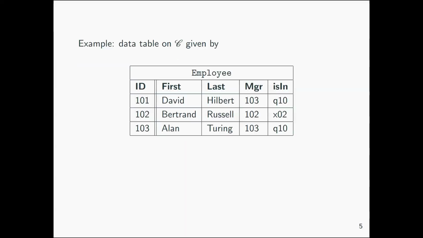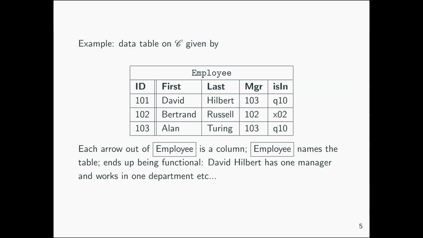And we might instance this with a table where every attribute is a column in the table. We notice that these attributes are all functional, in the sense that every employee has one first name, one last name, one manager, works in one department, etc.